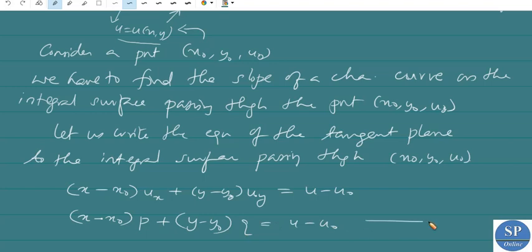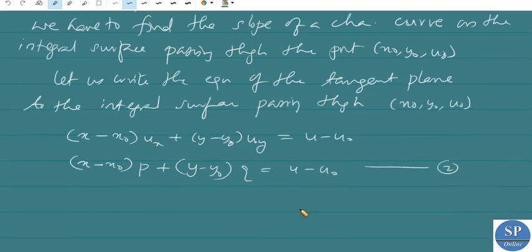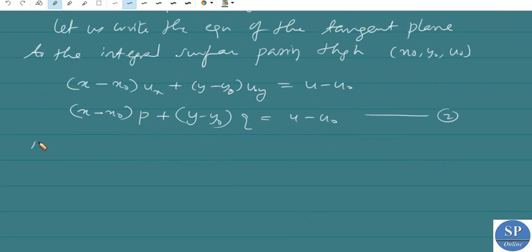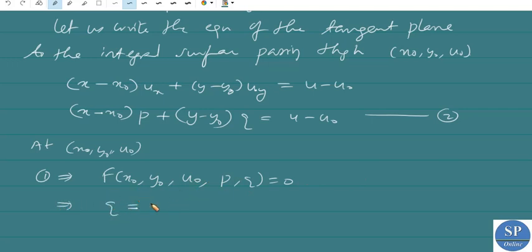Now at the point (x0, y0, u0), the given PDE can be written as f(x0, y0, u0, p, q) = 0. So actually this is a two parameter family. From this we can write q as a function of x0, y0, u0 and p.